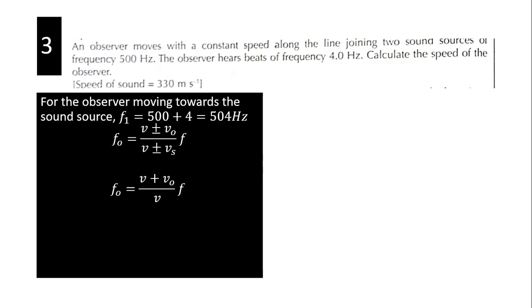Can you get the answer? Yes, sir. So your F1 is 330 plus V0 over 330, times your 500. 100, so you get your 512.